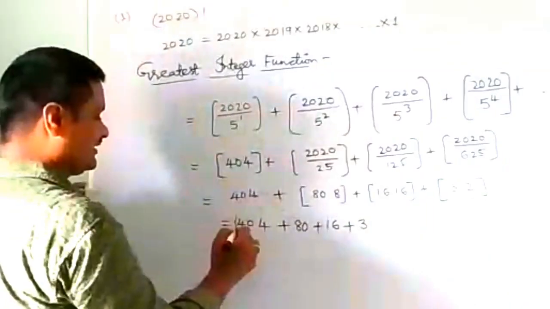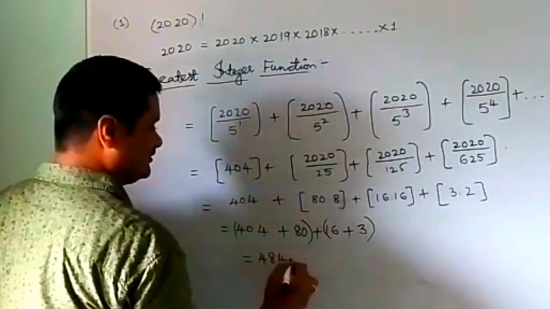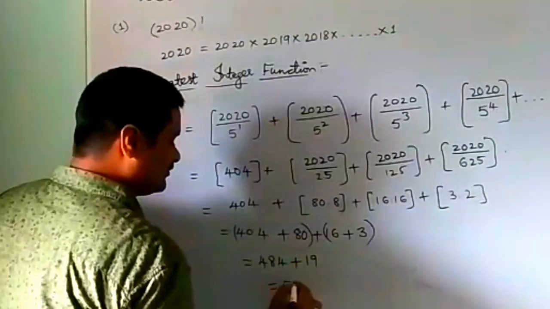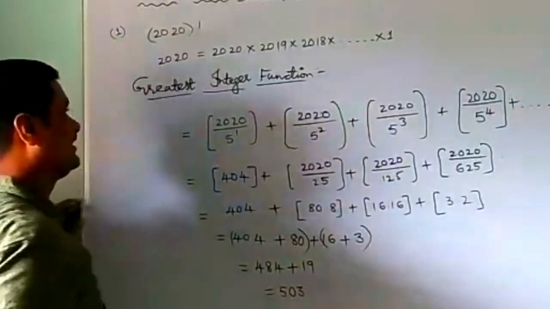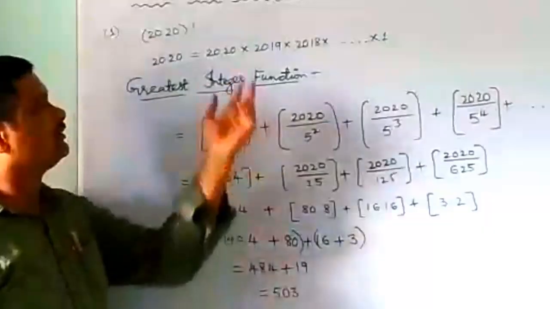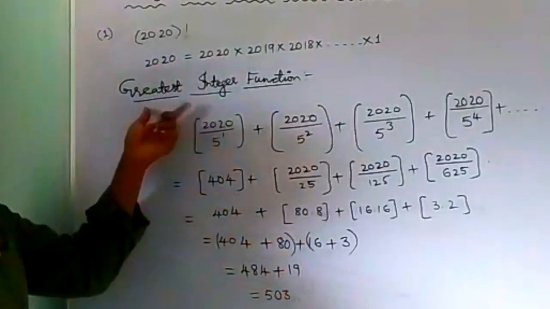Adding, 404 plus 80 is 484, plus 16 plus 3 gives 19, finally 503. Hence the number of trailing zeros for 2020 factorial is 503 by the method of the greatest integer function.